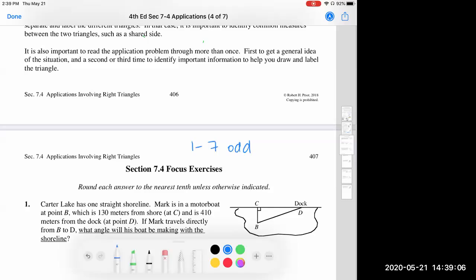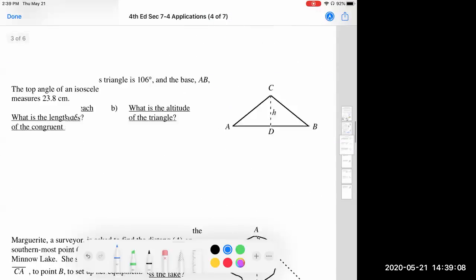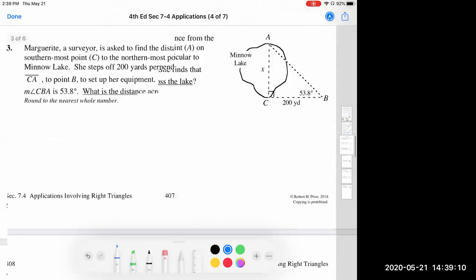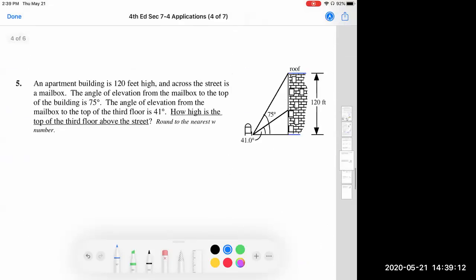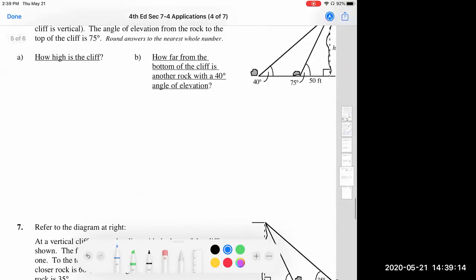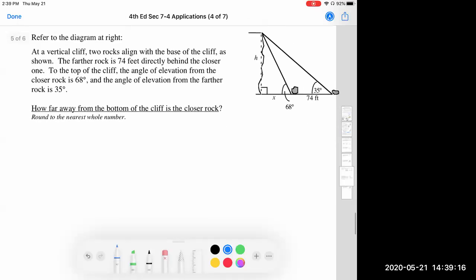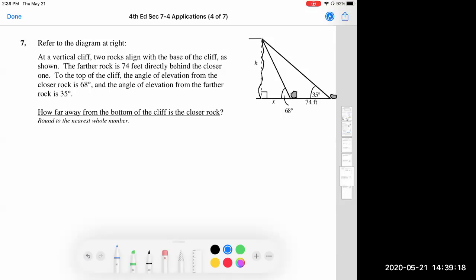All right. Let's do 7. Usually, I think that as you continue through the section, they get more challenging. So let's do 7. Hopefully I don't get stuck. Probably get stuck. Okay. Number 7. Refer to the diagram at the right. At a vertical cliff, 2 rocks align with the base of the cliff, as shown.